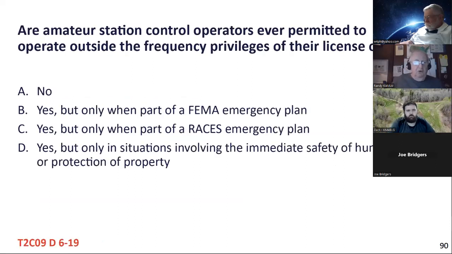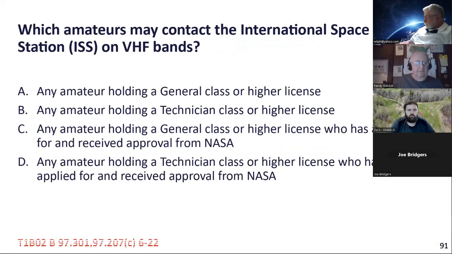Are amateur control operators ever permitted to operate outside the frequency privileges of their class? And that is D, yes, but only in situations involving the immediate safety of human life or protection of property. Which amateurs may contact the International Space Station on VHF bands?